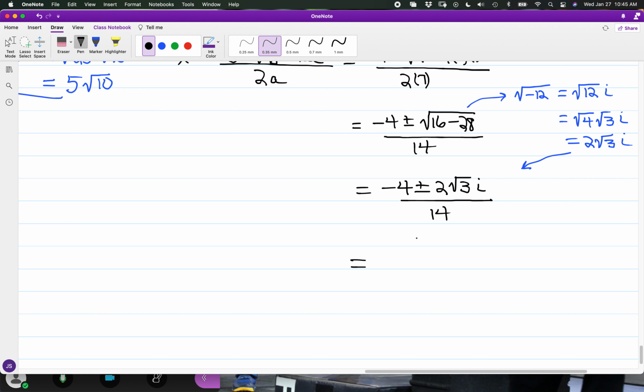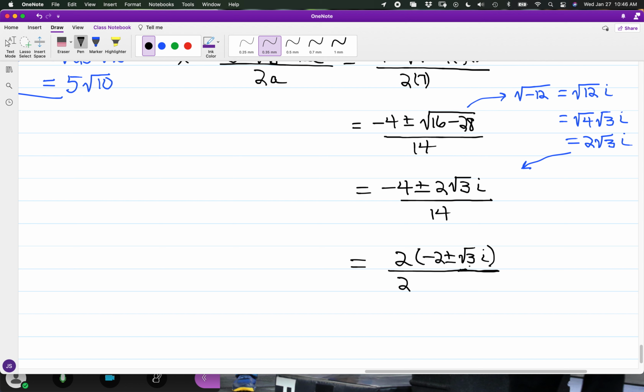So I can factor out 2 from both the numerator and denominator. In the numerator, with 2 factored out, I have 2 times negative 2 plus or minus the square root of 3i.